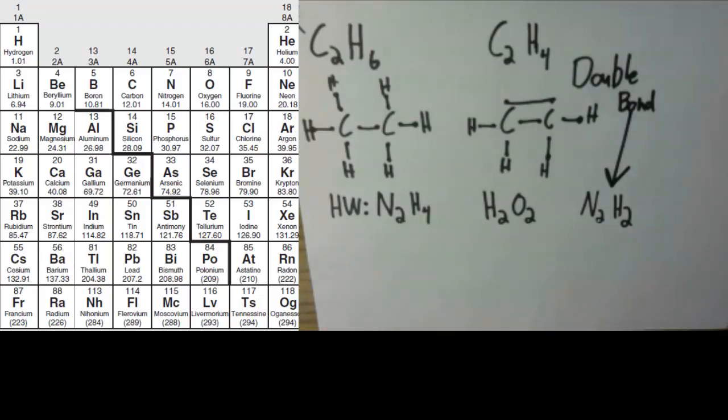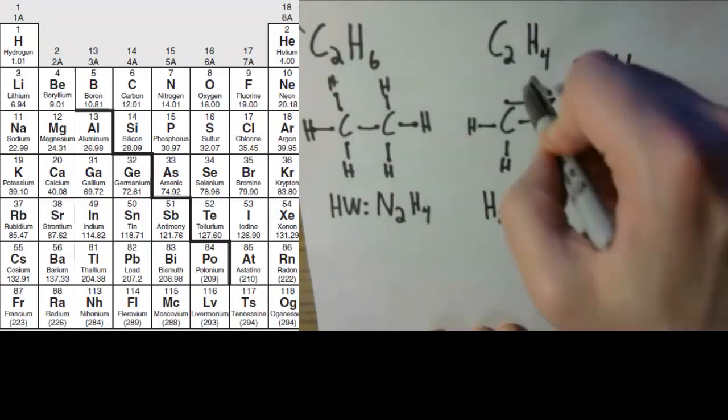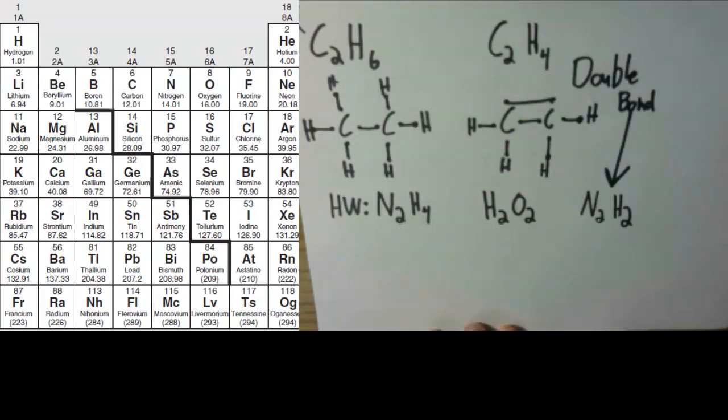In case you were wondering, H2O2 is also called hydrogen peroxide, so I wanted to make sure we drew something you actually knew about. But yeah, these 2 here are going to use single bonds, and this N2H2 has a double bond there. So this is going to be just like this example here. The difference is that we're switching out nitrogen for carbon, basically. And since nitrogen makes 1 less bond than the carbon does, you're going to have less hydrogens attached.